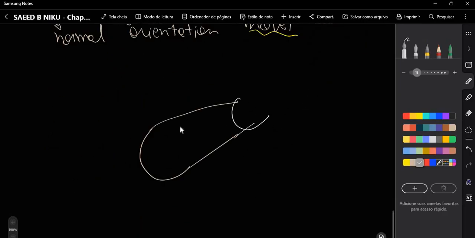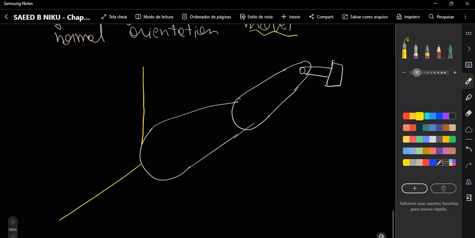Let's say we have this robot arm, and now we can represent the axes for the fixed reference system.